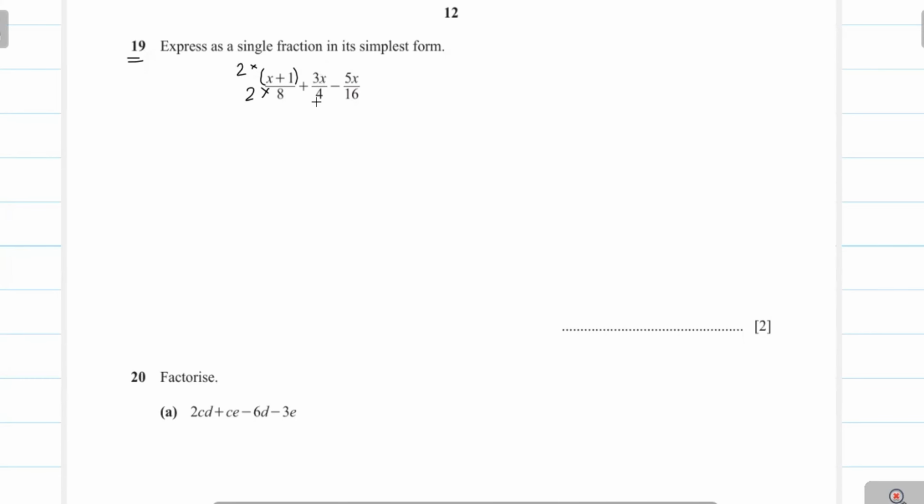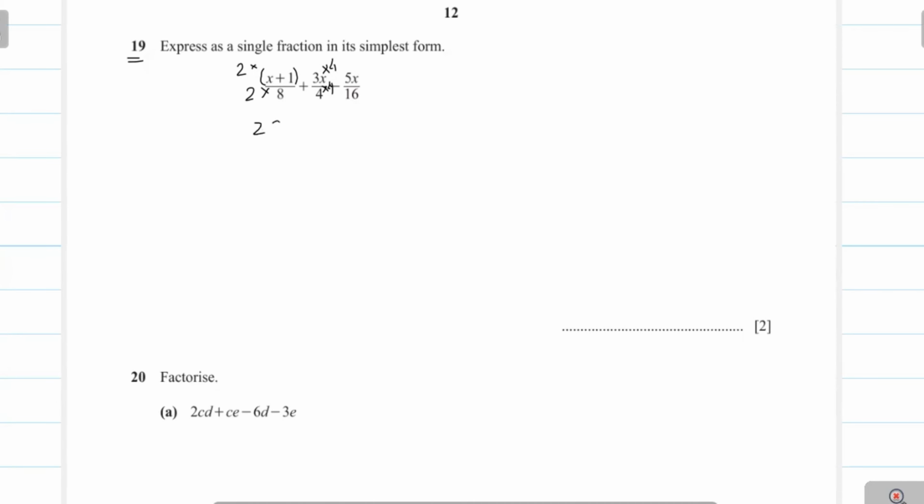Same to make the denominator of the second fraction 16, 4 is multiplied by 4 and the numerator is also multiplied by 4. And same here, this number is already 16, we write as it is.